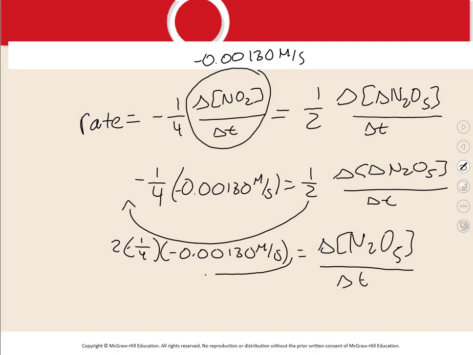And this all comes down to that 6.5 times 10 to the negative 4th molar per second.